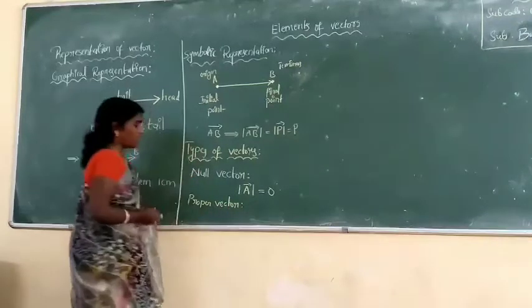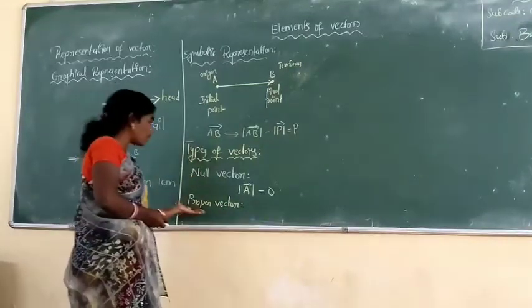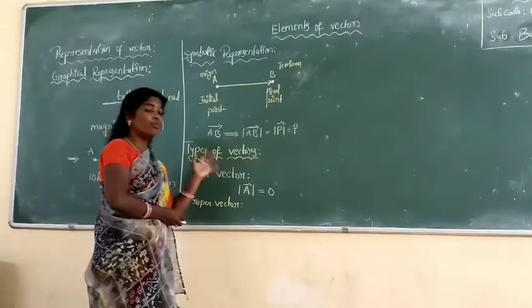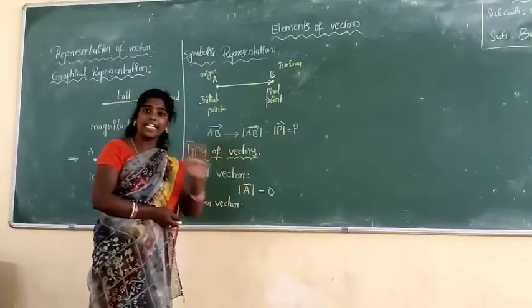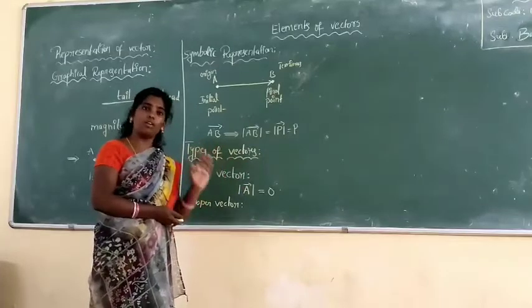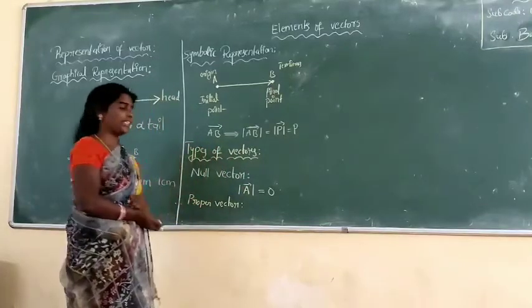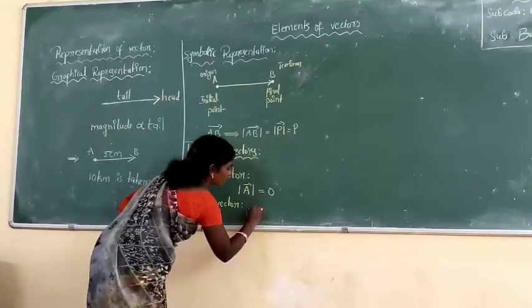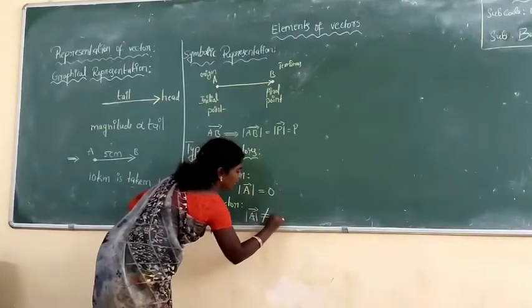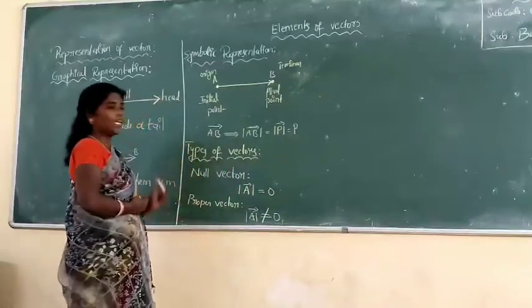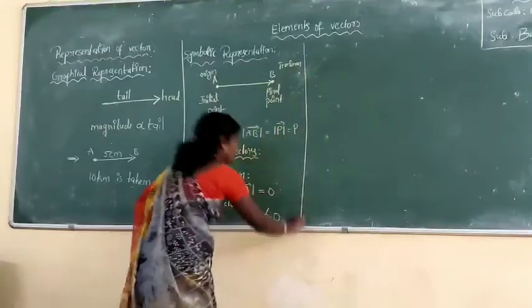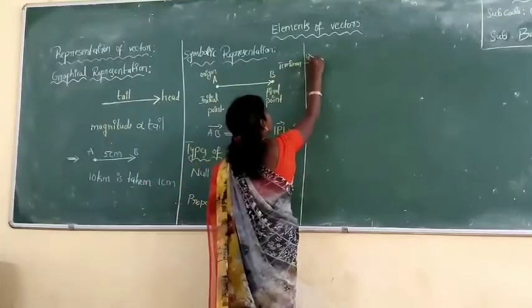Next one, proper vector. The vector whose magnitude is not equal to 0 is called a proper vector. So a vector not equal to 0 is called a proper vector. Third one, unit vector.